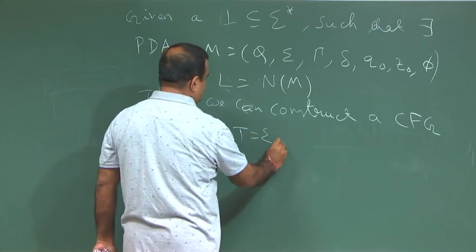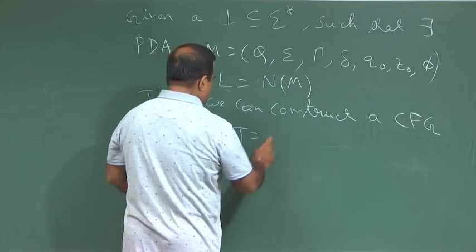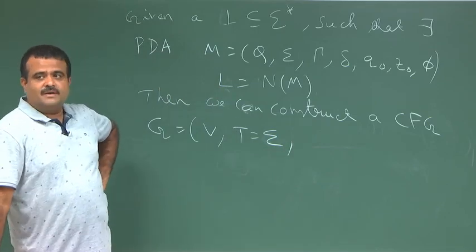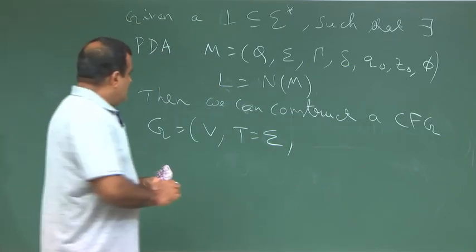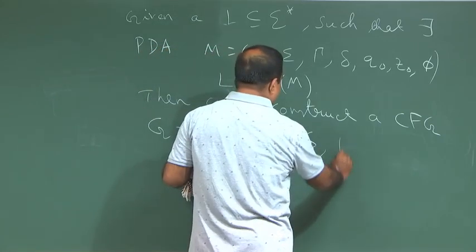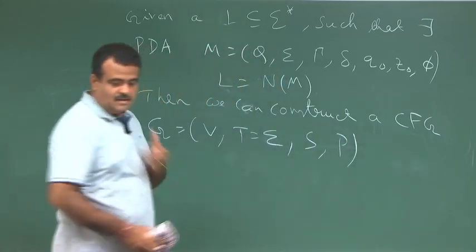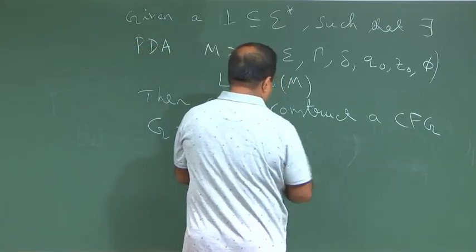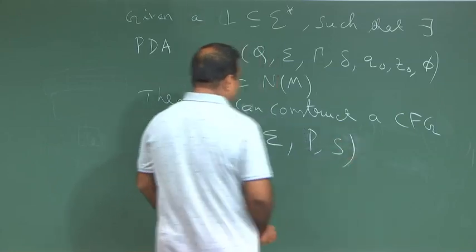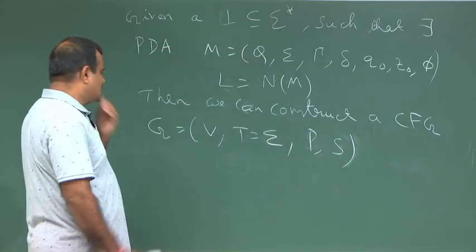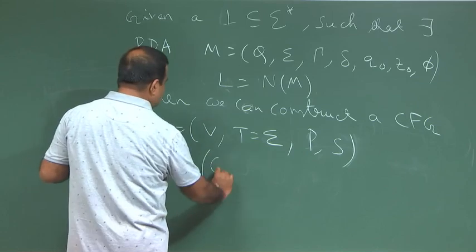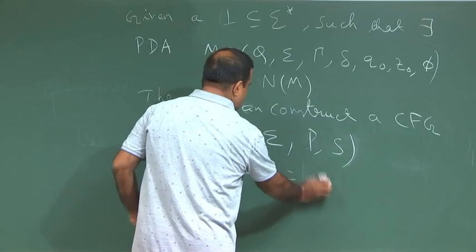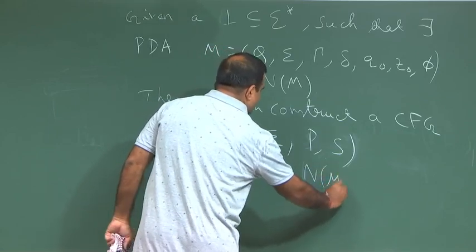T is here sigma, because sigma is the terminals or the input alphabet. P is the set of rules, and S is the starting symbol, so S belongs to V, such that the language generated by this grammar is the same as L, which is the same as N of M.